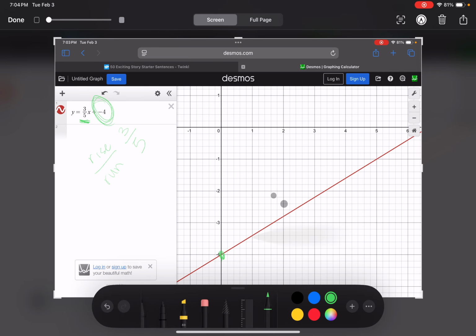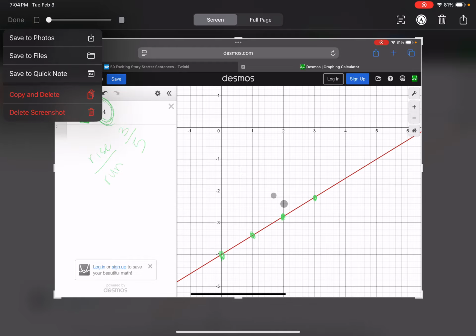Oh, look where it hits. I go up 3, I go over 5. How convenient. These are all points that are going to fall right on the line. I can easily graph it if it is in slope-intercept form, okay?